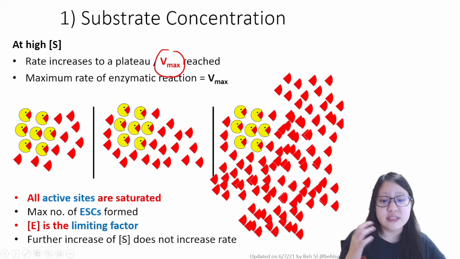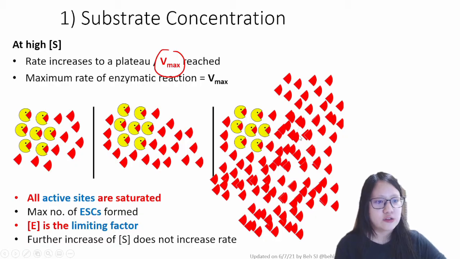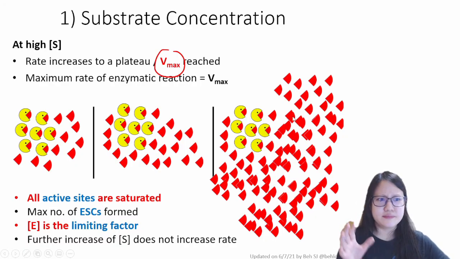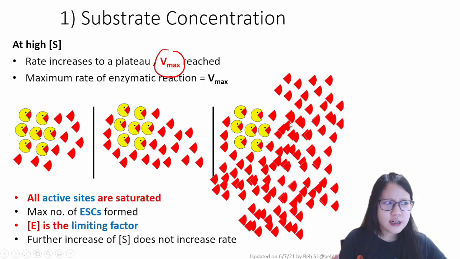Further increase of substrate concentration will not increase rate, as we see here on this side of the screen. You can increase it a lot more, and it's not going to increase the rate of reaction. It's just going to process 7 at a time. And this is why the rate plateaus.